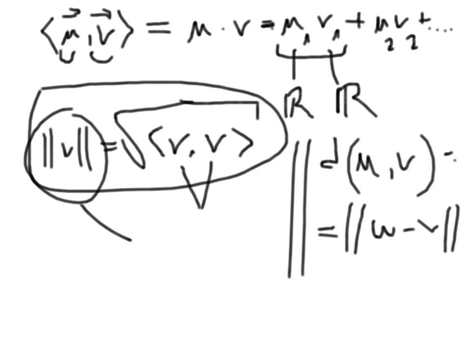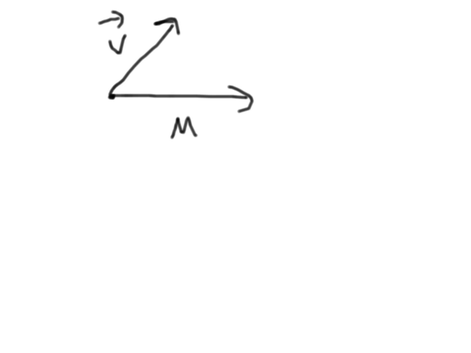Why this? Let's explain a little bit better. Let's say that we have a vector u and a vector v. If I want to know the length of u minus v, first of all, I need to know what u minus v is, and this is a vector.